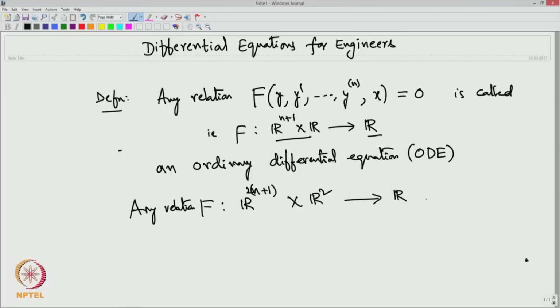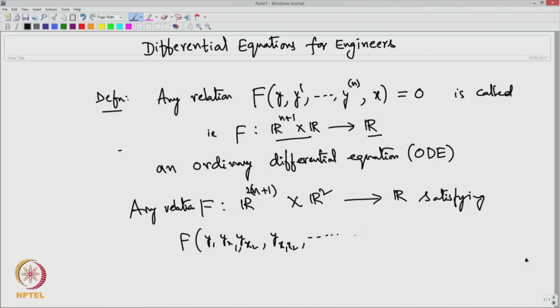So, any relation like this satisfying F of y, y_x1, y_x2, and so on, all combinations. Similarly, you have the second derivatives, so like that you go up to n derivatives, depending on the order.